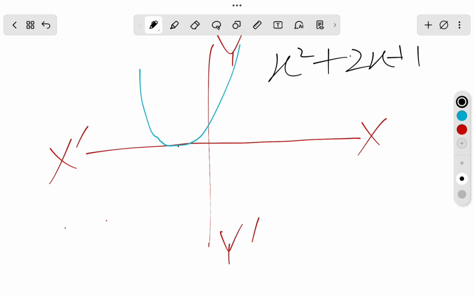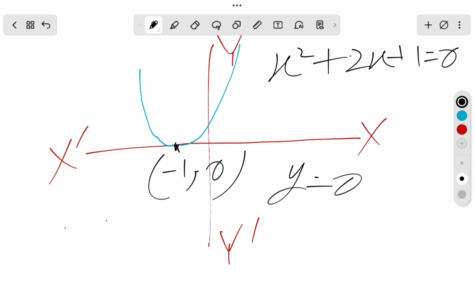The graph intersects at this point, which is minus 1 comma 0, because on the x-axis y is equal to 0. So we get x1 is equal to minus 1 is equal to x2. So we can also solve a quadratic equation by this graph method.